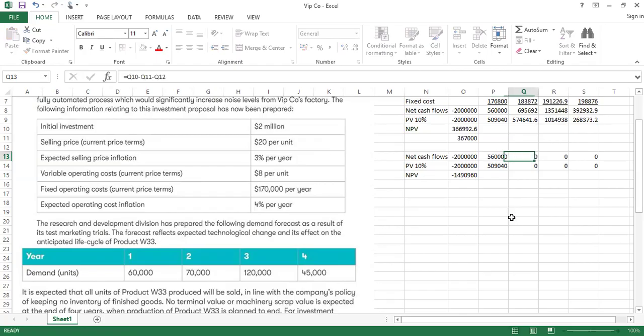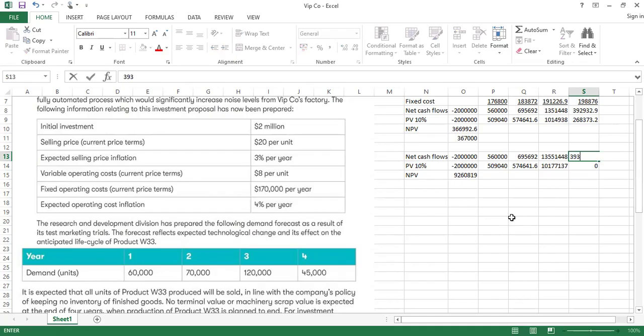Like I will pick 15%, or I can pick 20%. So I will choose 20% to calculate the other net present value. Ideally, one net present value must be negative for IRR and one must be positive.